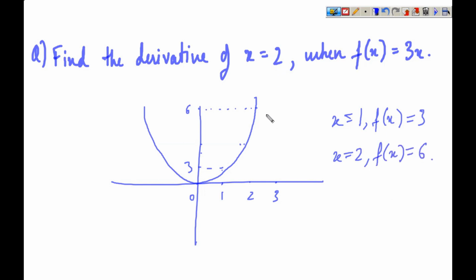And at the point 2, we need to find the derivative. That means we have to find the slope of the tangent to the curve at this point, right? So for that we need two values on the line, which is a little bit difficult for finding the slope of the tangent. Rather, we can just use the formula which we have using the limits.